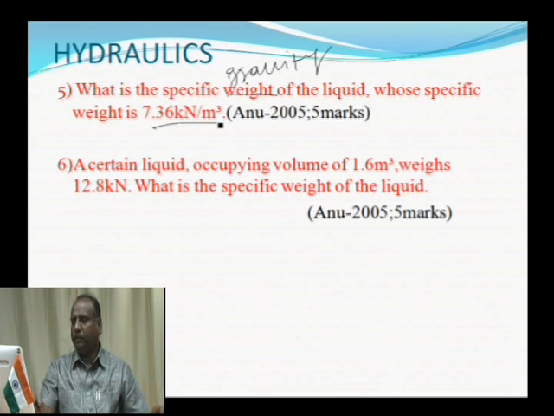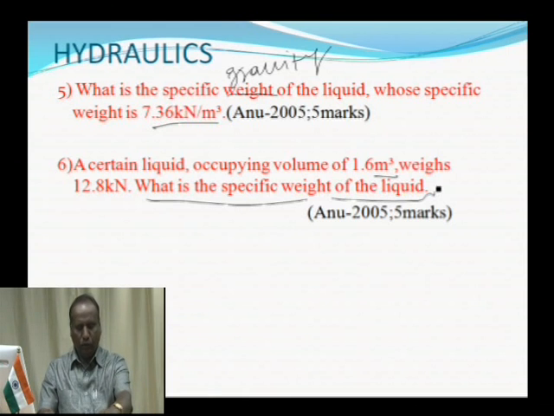The next problem is: a certain liquid occupying volume of 1.6 meter cube weighs 12.8 kilonewton. What is the specific weight of the liquid? You work out these problems in your homes.